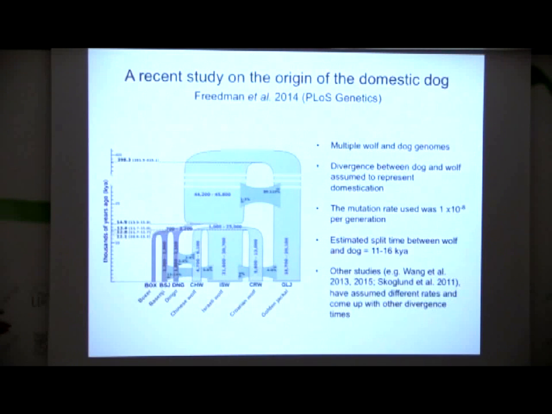And it should be said, since people disagree in this business, that other people have published other papers assuming other mutation rates and thereby coming up with different estimates, ranging from, I think, 10,000 in the Axelsson paper up to 30,000 in Jennifer's paper and also the Wang paper that is cited here.